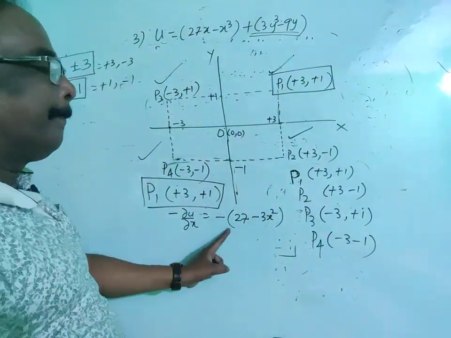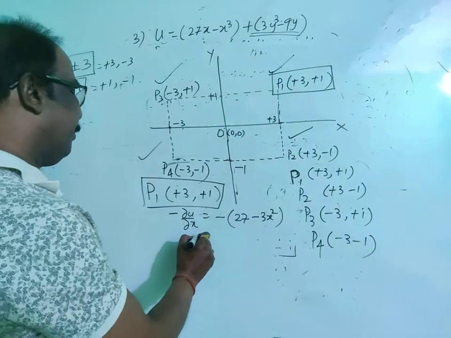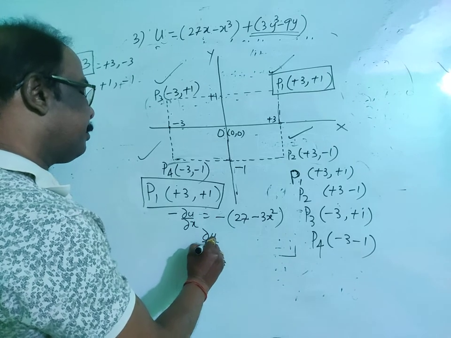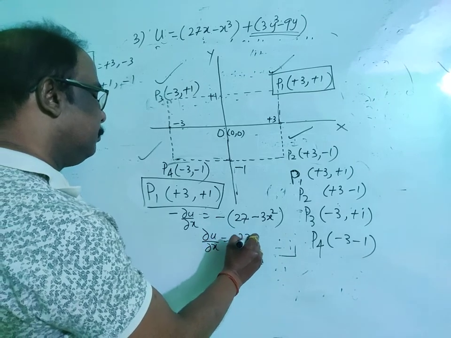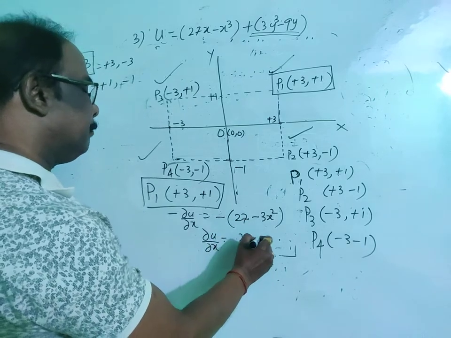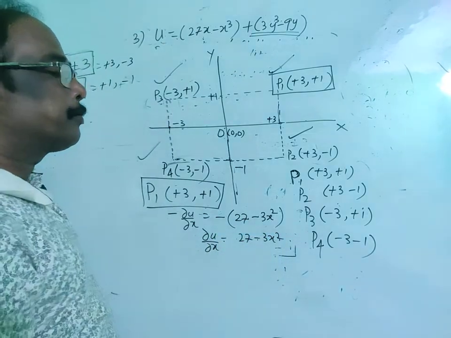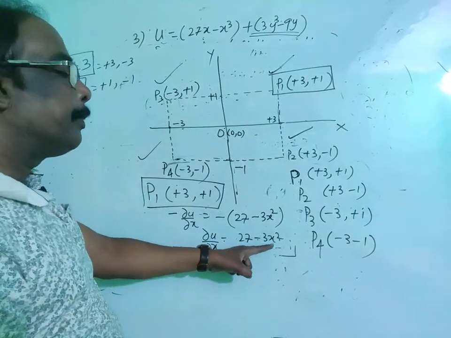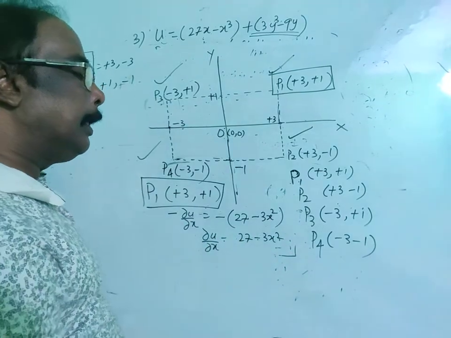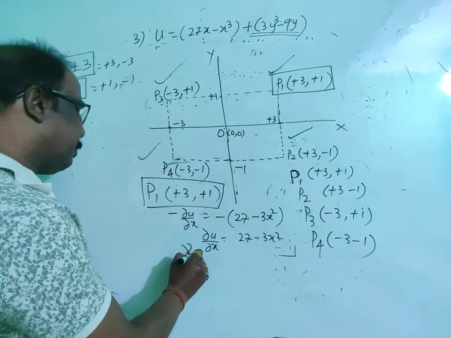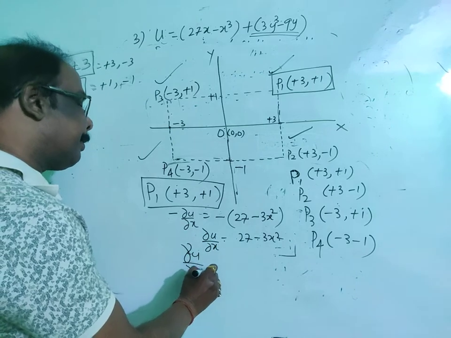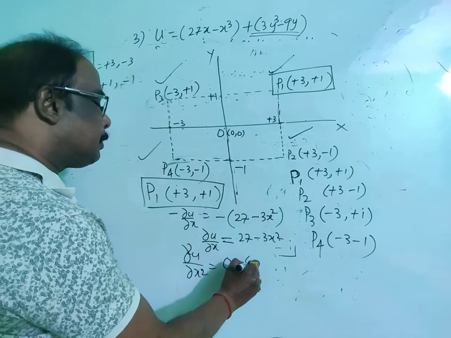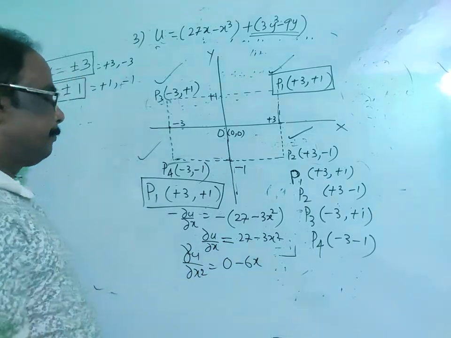Is it clear? Then du by dx is equal to minus 27 minus 3x square. Minus du by dx is 27 minus 3x square, and finally, the double differentiation d square u by dx square, if you differentiate again, will be 0 minus 6x.